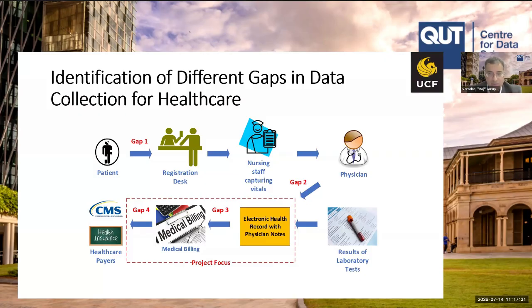And then the nurse may not be recording all the vitals, maybe the nurse forgot to check the blood pressure, or the physician forgot to do something somewhere down the road, and something was missing. So these are the critical gaps, and I would love to have folks in Australia take a look at this diagram and maybe improvise on it and tell me how it works in Australia. I'm open to any suggestions on that.